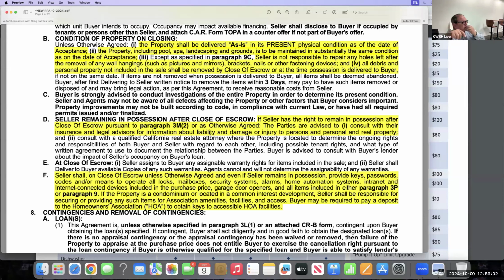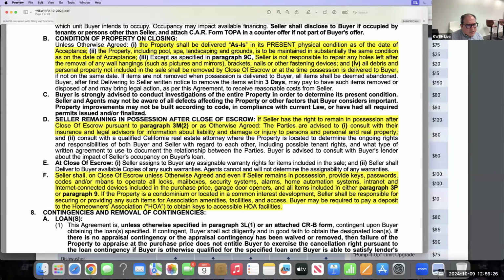You need to use those forms because it tells the seller, go get renter's insurance, because you're no longer a seller. The buyer now has the liability. If someone trips and falls on the property after close of escrow, it's on the new buyer, on their insurance. You've got to make sure that the seller is going to have a temporary renter's policy in place.